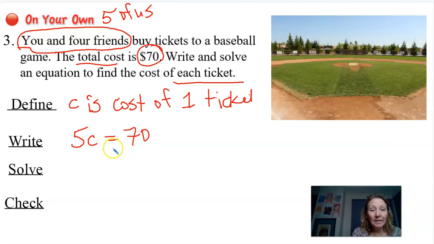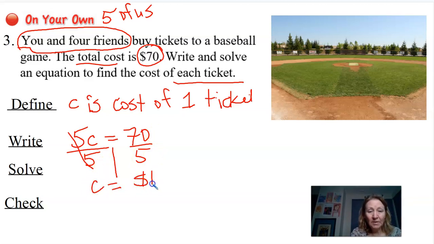And then to solve it, do the balance scale, look at the side with the variable. What's the opposite of multiplying by 5? Dividing by 5. And then 5 goes into 50 10 times, and then 20, that is 14. C equals $14.